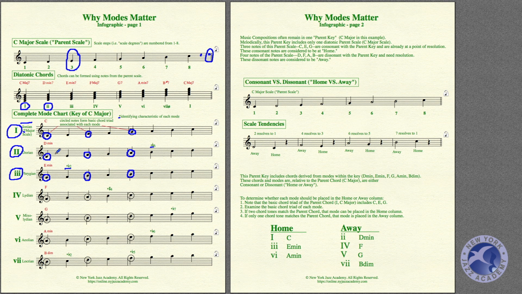Okay. Next up is Lydian. Lydian is super close to the major scale. If this were the F major scale, it would have a B flat in it. The F major scale sounds like this. It does not have a B flat in it because it's a mode from the C major scale.